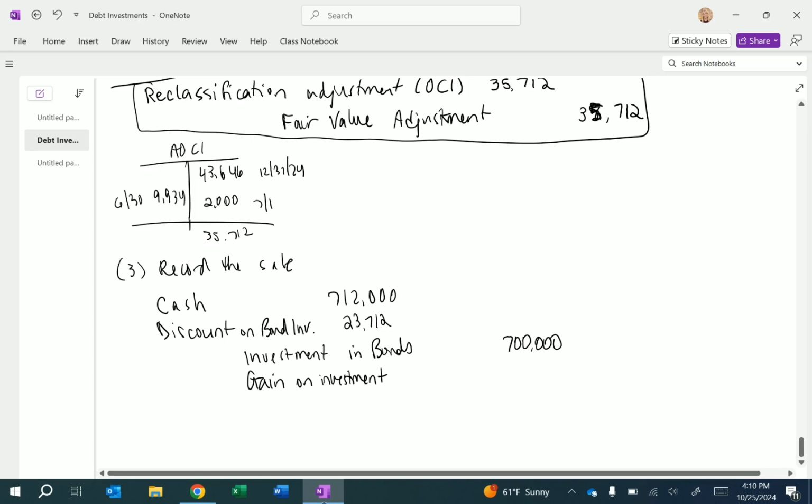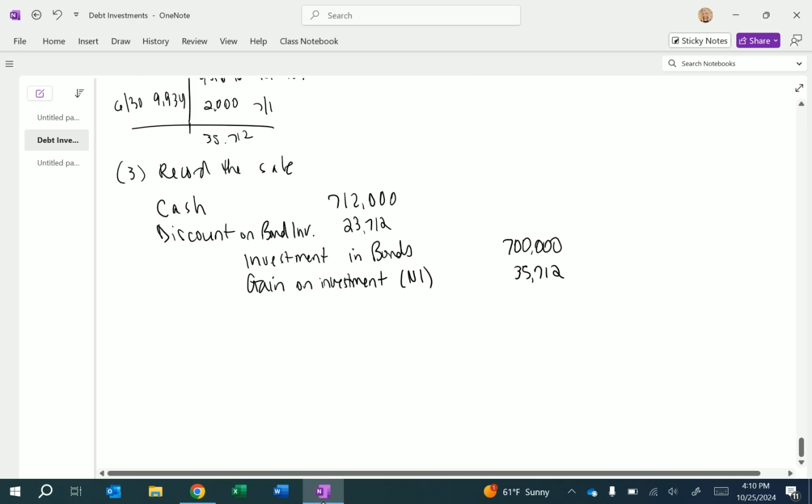So what are our financial statements going to look like for this date? Just this one transaction, the one sale on 7/1/25. We have gain on investment in net income, 35,712. Our comprehensive income, we have this net income, 35,712.